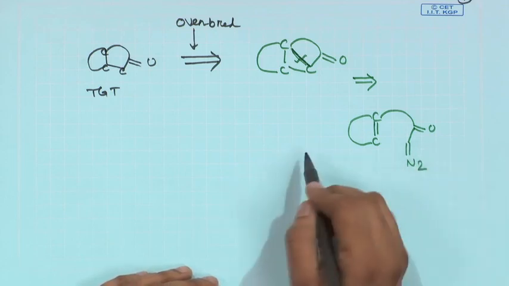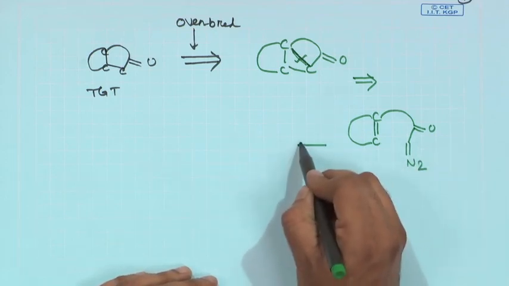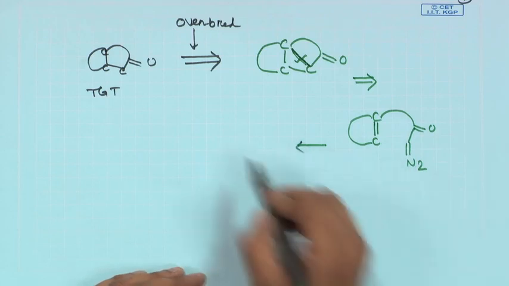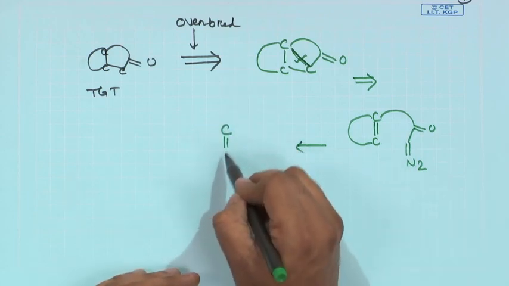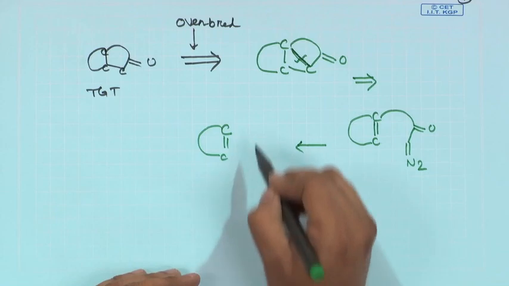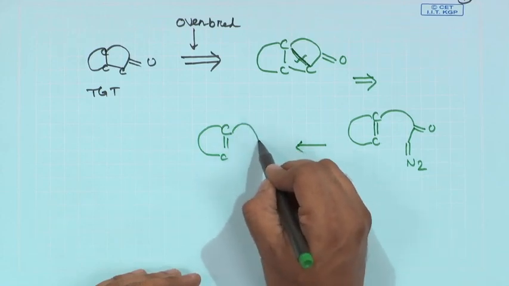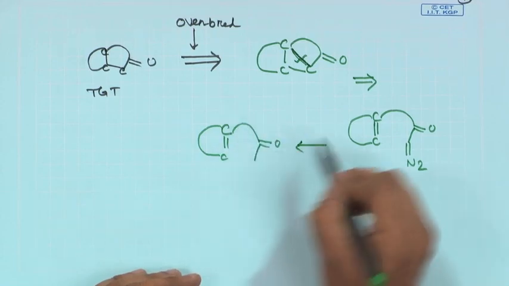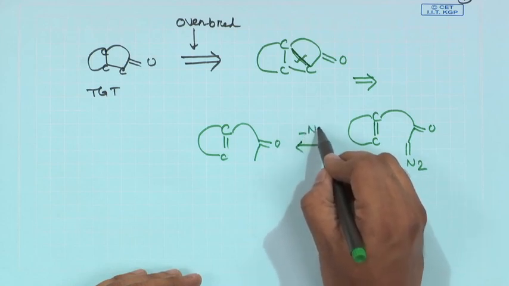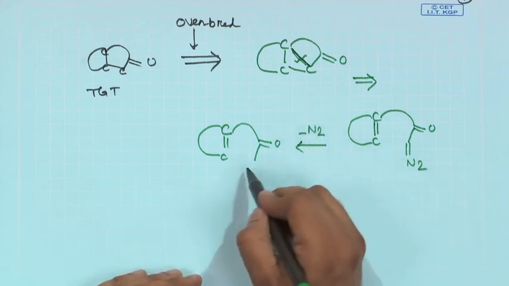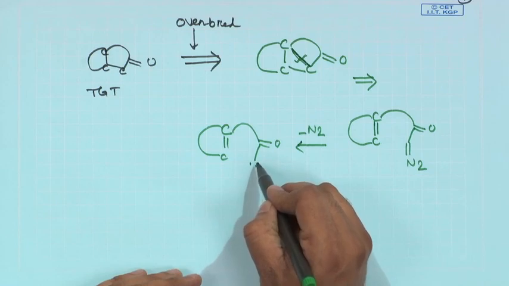So, in reality what this reaction will give you is an acyl carbene by elimination of nitrogen. So, you basically get the acyl carbene.